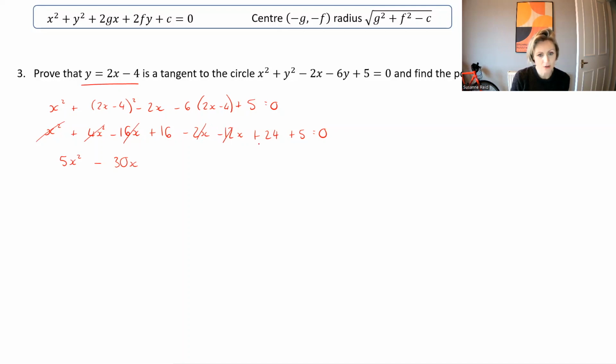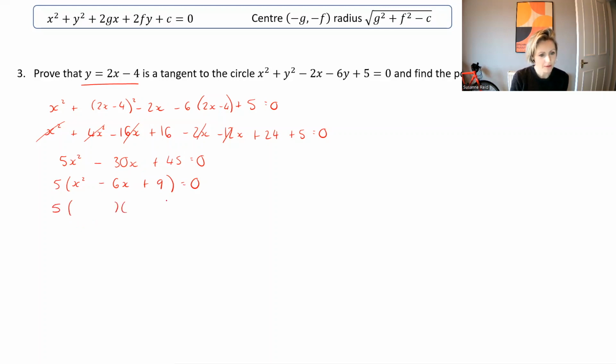And then 16 and 24 is 40, plus 5 is 45. So then take my common factor of 5 out, giving me 5 times x squared minus 6x plus 9 equals 0. My writing and my brain were in a time lag there.